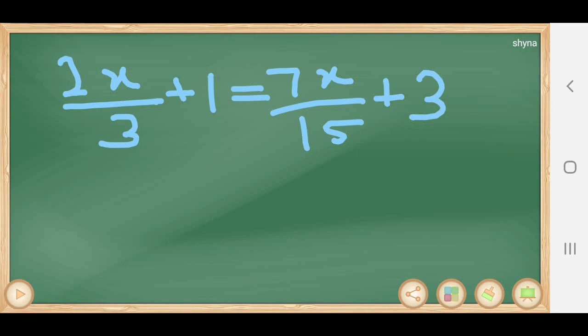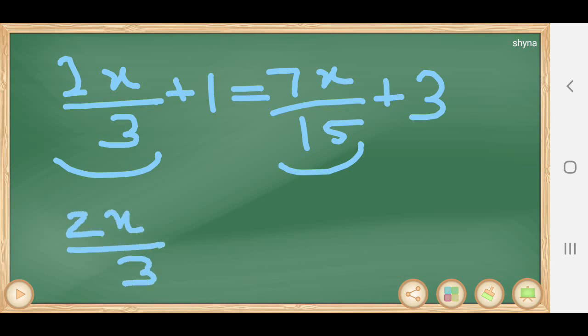Here first you have to identify the terms with the variables. Which are they? 2x by 3 has an x, and 7x by 15 has an x. So transpose them to one side. Here 2x by 3 equal to, plus 1, while transposing it will be minus 1.